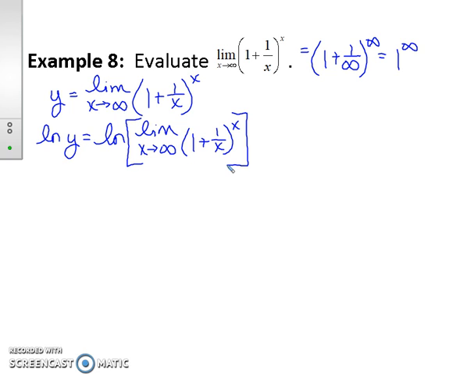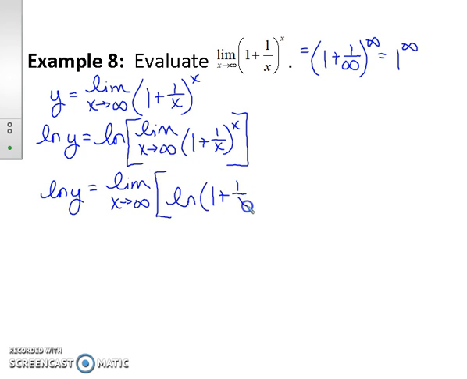So what that means is that those two things can actually be written interchangeably. The order doesn't really matter to them. I can take the limit of the natural log, or I can take the natural log of a limit, either way. So by doing it like that, I can pull the x in front.